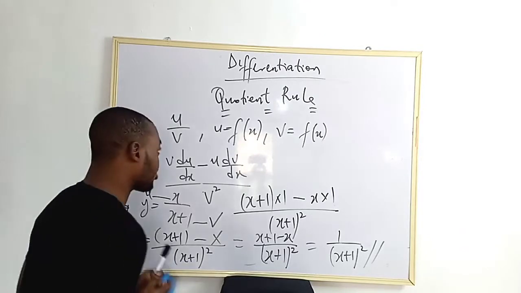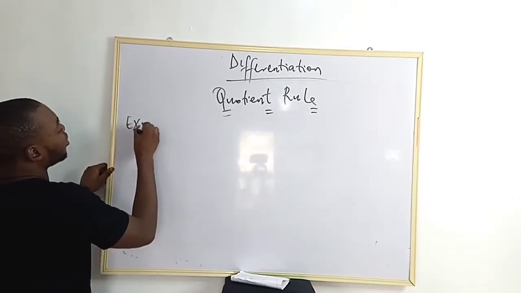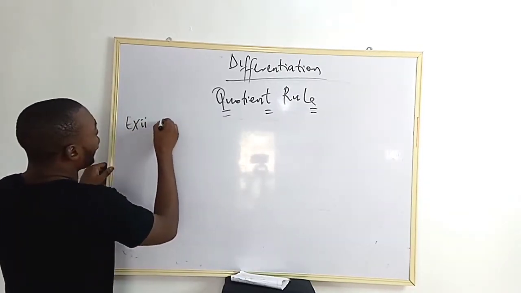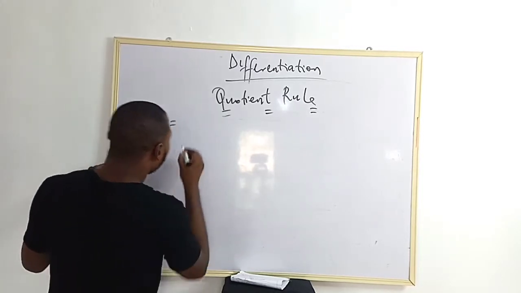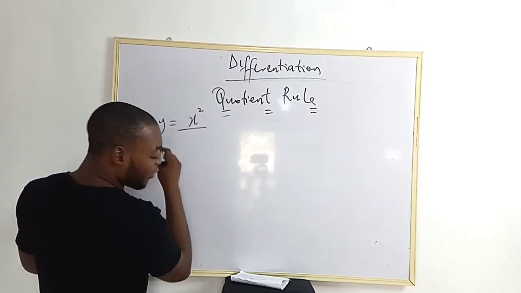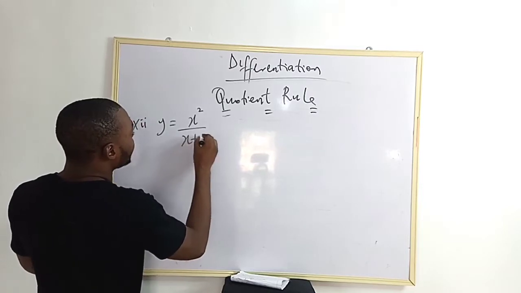So let's solve another question. Second example, we have y equals x squared all over x plus 3.